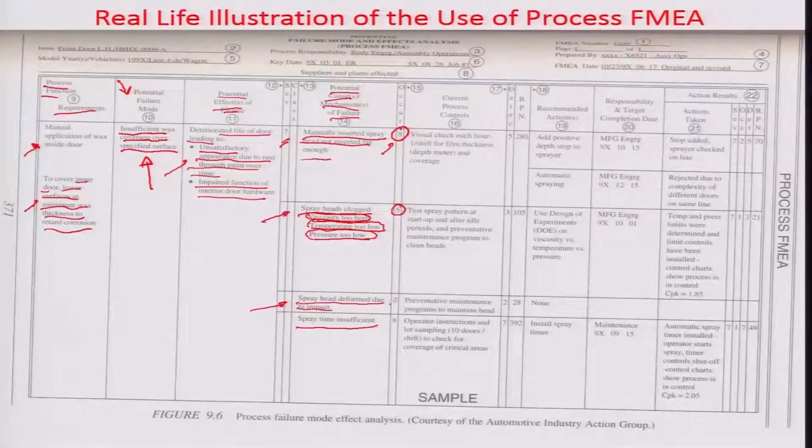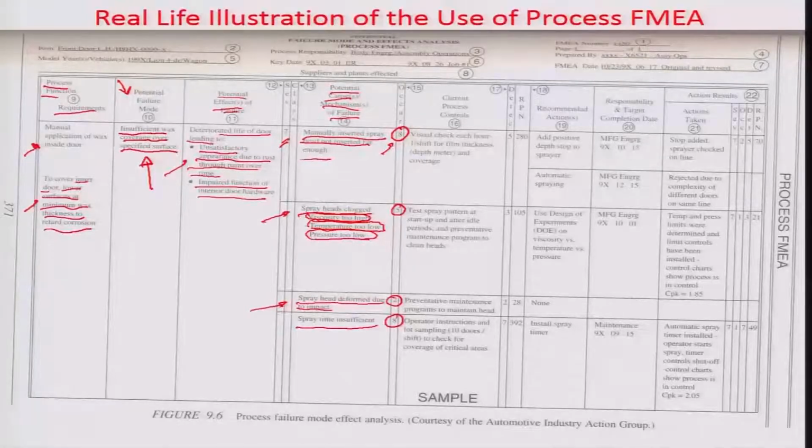About 20% of the times he feels that spray heads are deformed, and he does it on a large set of observations. Maybe he observes a few shifts in a month, and then based on that he concludes by giving his rating. And then he also records the spray time insufficient reason to be about 80% of the times the main reason why a failure mode should happen.